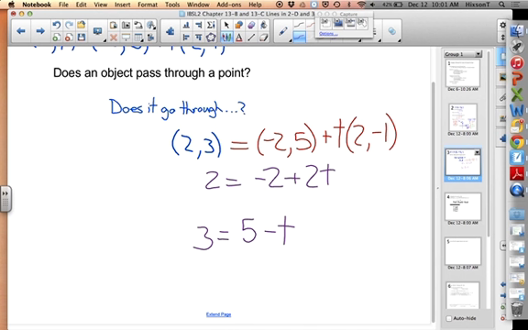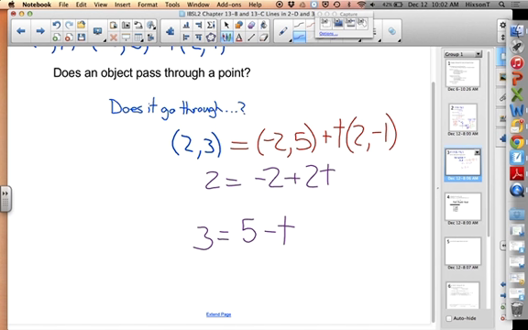Maybe if the answers are both the same for each equation. Okay. If the two times are the same. In other words, guys, to be at a specific point, the x has to equal 2 and the y has to equal 3 at the same time. Because x is going to be 2 somewhere, and y is going to be 3 somewhere. I mean, the domain and range for a line are all real numbers.